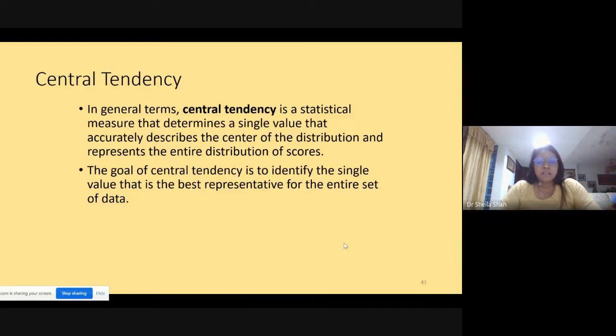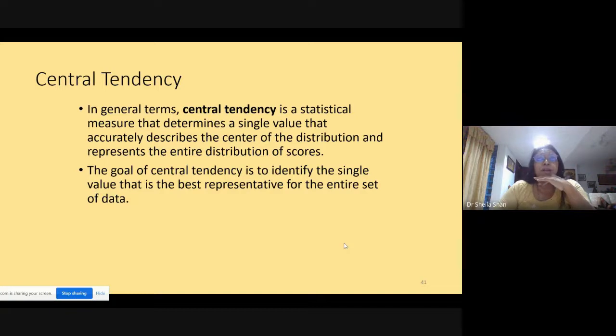In general terms, central tendency is a statistical measure that determines a single value that accurately describes the center of the distribution and represents the entire distribution of scores. The goal of central tendency is to identify the single value that can represent the entire set of data.